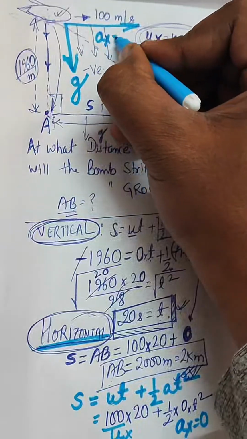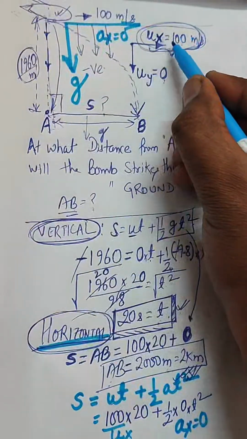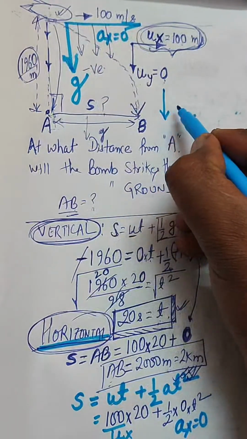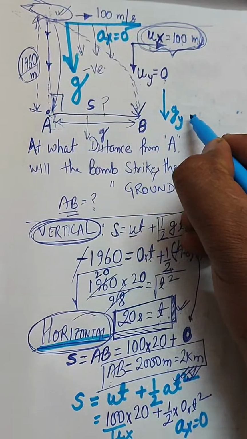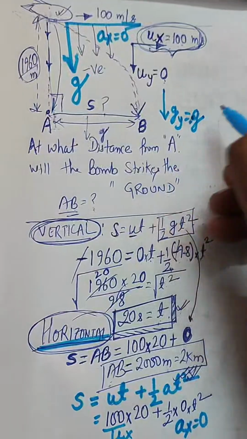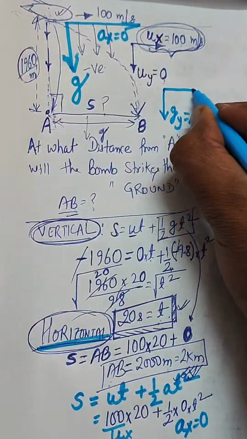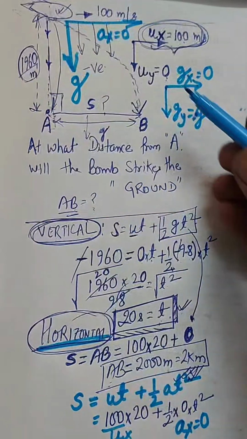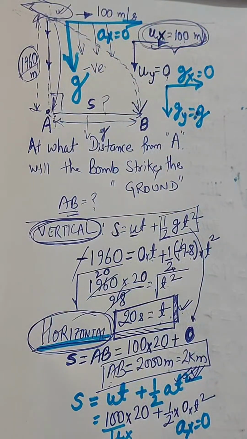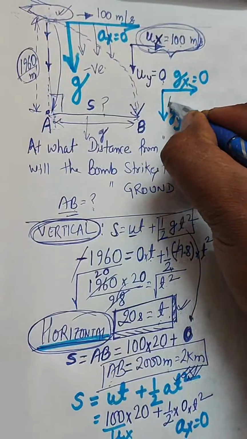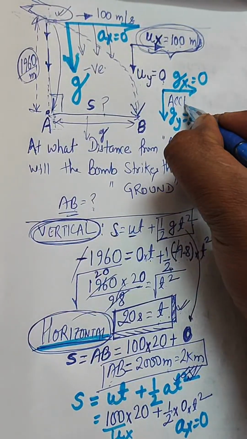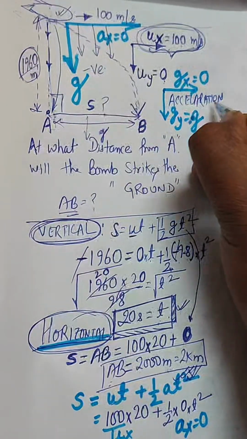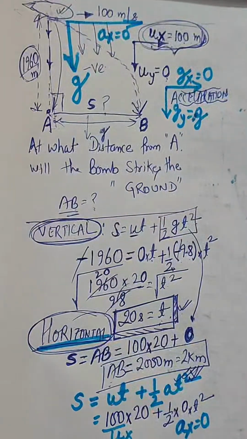This is giving you ax equal to 0, as here ux is 100, right? If you consider the acceleration due to gravity in the downward direction, the vertical component of acceleration is your g. And the horizontal component of acceleration, maybe gx, is equal to 0 for this motion which we are discussing, right? These are the components of acceleration we need to understand.